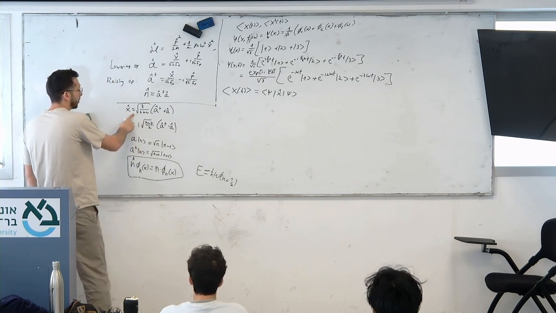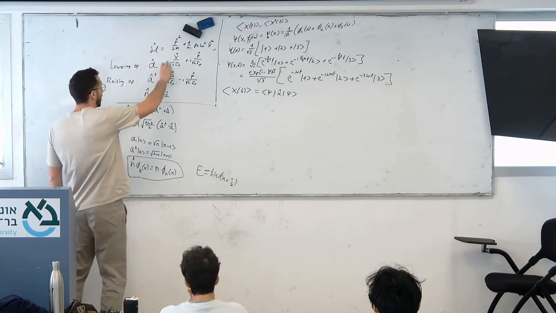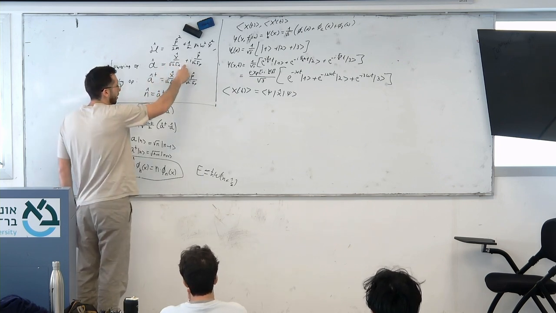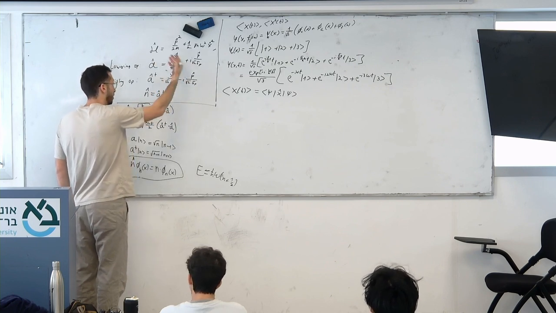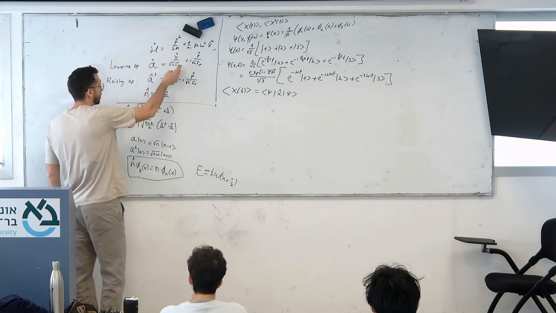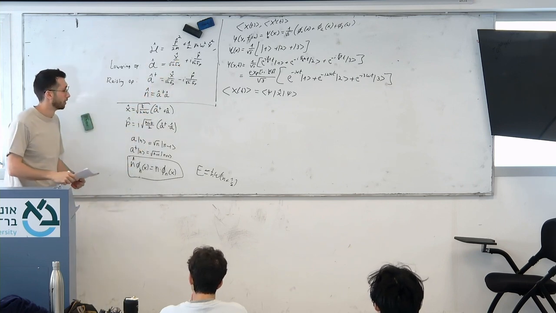You can see it simply by saying, okay, if we add up these two equations, the plus and minus disappear, this is subtract, those two x disappear. So we can evaluate x and p as a function of a and a dagger.